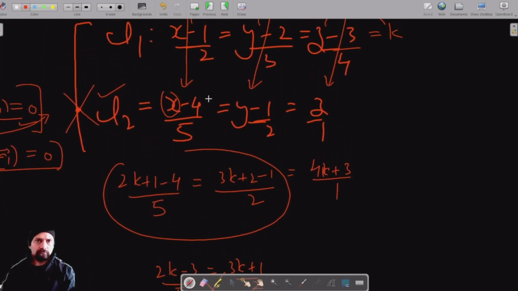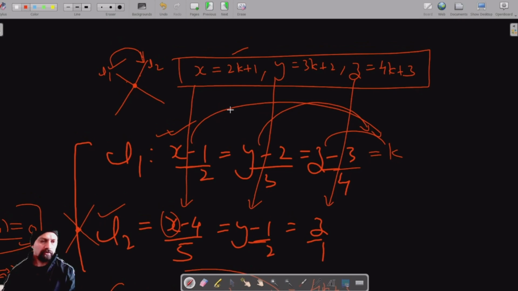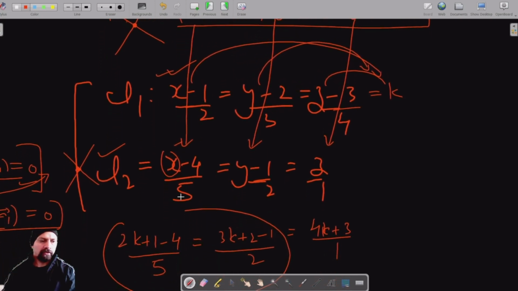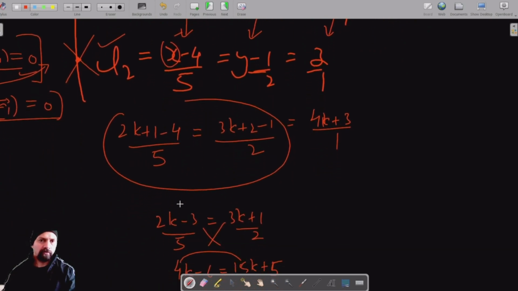Okay, let me just check it once again. So x minus 1 by 2 is equal to y minus 2 by 3 is equal to z minus 3 by 4 gives us x. Since x is equal to 2k plus 1, y is 3k plus 2, and if you replace this value here, so this is 2k plus 1 minus 4 upon 5 is equal to 3k plus 2 minus 1 upon 2.